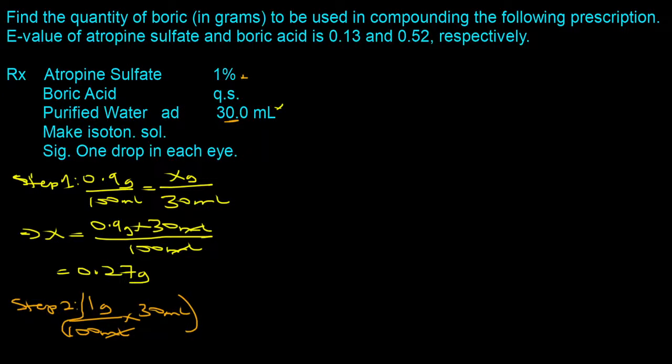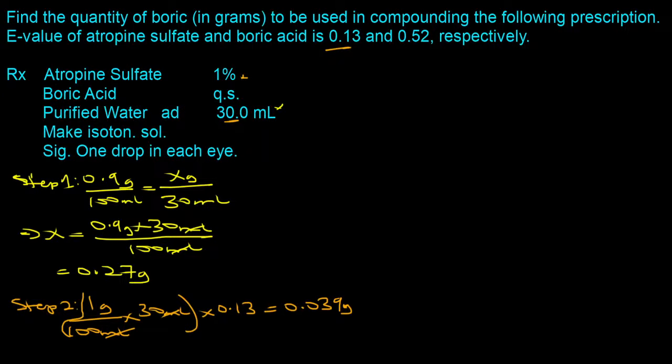The milliliters cancel out, so you multiply the quantity in grams by its E value. The E value of atropine sulfate is given as 0.13. So 30 times 0.13 will give you 0.039 grams.